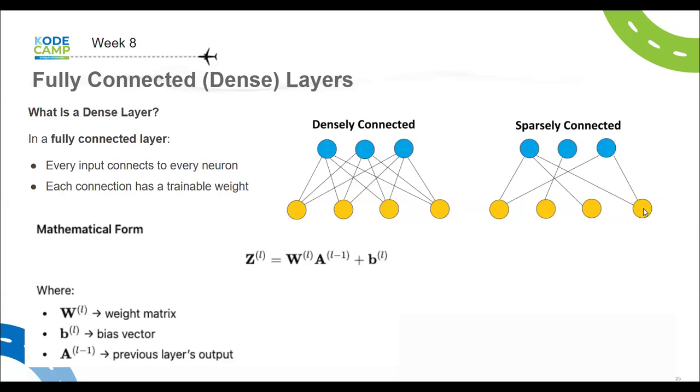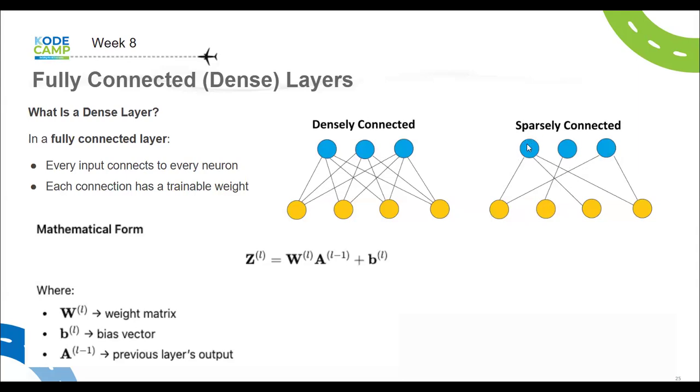In sparsely connected networks, since each connection is represented by a weight, if the weight is zero, think of it like there's no connection. So a sparsely connected network is one where some of the values in the weight matrix are effectively zero.